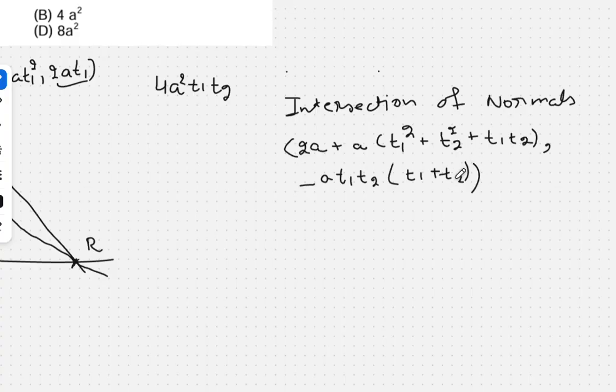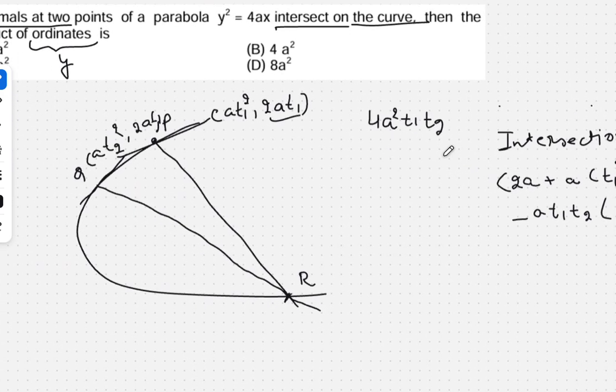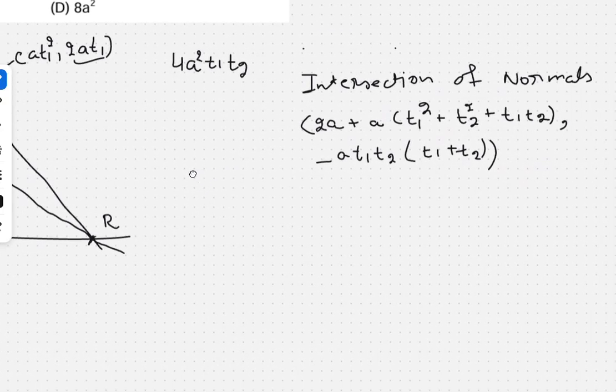So it seems pretty difficult if you just go by this hint only, but we have one more thing: they intersect on the curve. So the normals are not just intersecting with themselves, the normal is intersecting with the parabola as well.